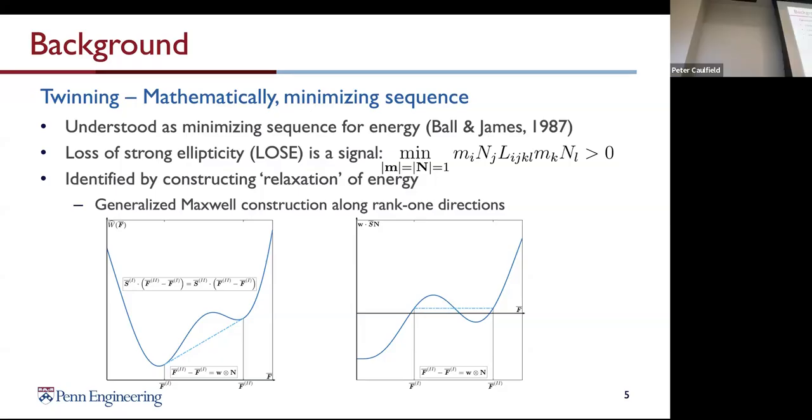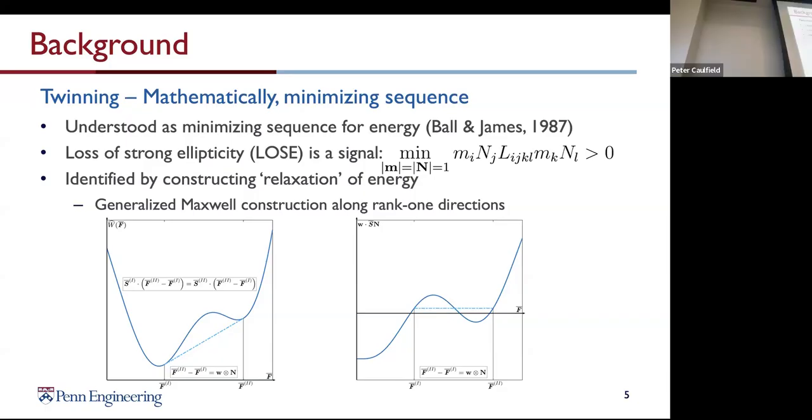Peter, I have another question here. Yes. This is not an area that I have delved much into at all, but loss of strong ellipticity is different from loss of ellipticity. Maybe one is a subset of the other. Yes, exactly. So the difference is in strong ellipticity, you have this strict inequality here. In ellipticity, you would just have a non-strict inequality. Is the definition also a little different?